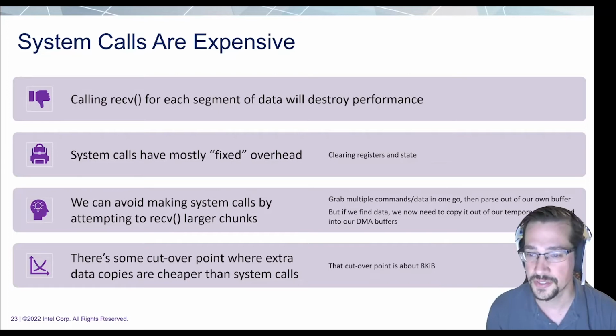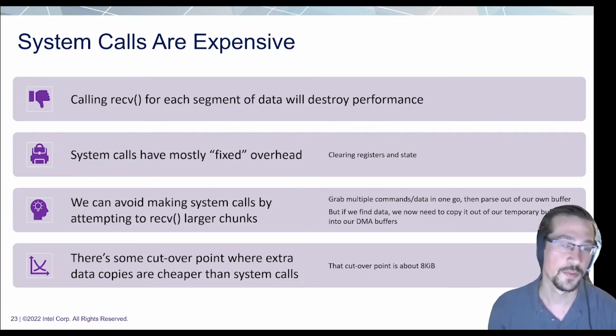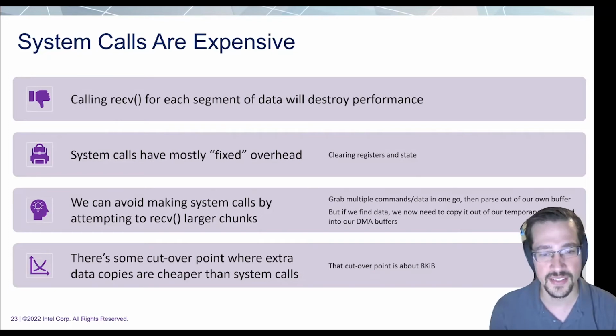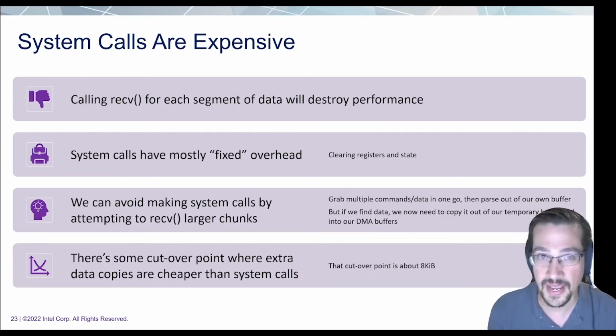This copy is expensive, but there's some point where that copy is cheaper than making all the extra system calls. And we've done a lot of benchmarking and measurements on this, and it completely depends on the platform. But at least on current generation server platforms, like Intel Xeon SP, we see that point at about 8K.